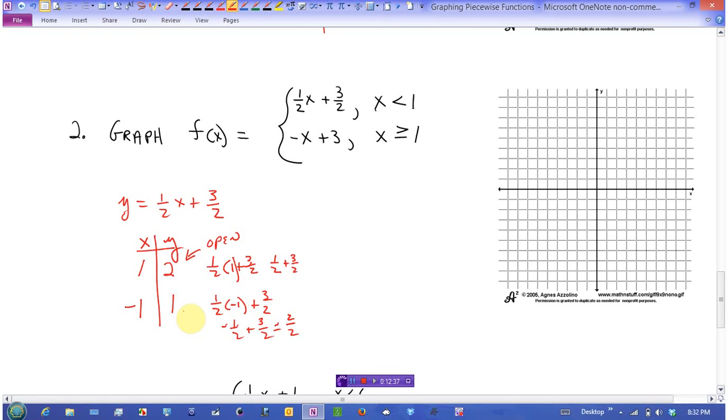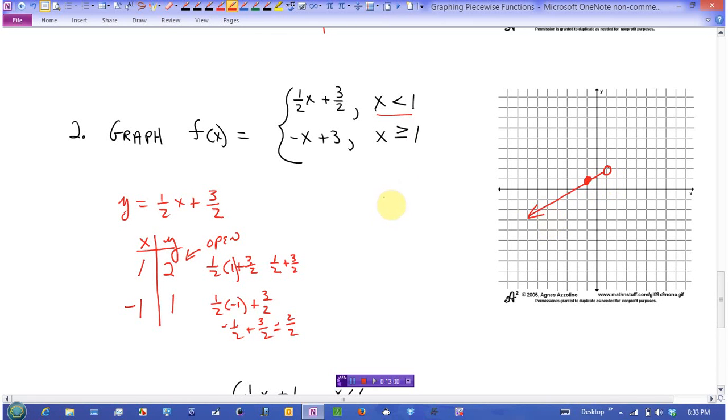So I have my points to plot. I have the point 1, 2, and that would be an open dot. I have the point negative 1, 1. And this shows values of x that are less than 1, so that's going to go this direction.